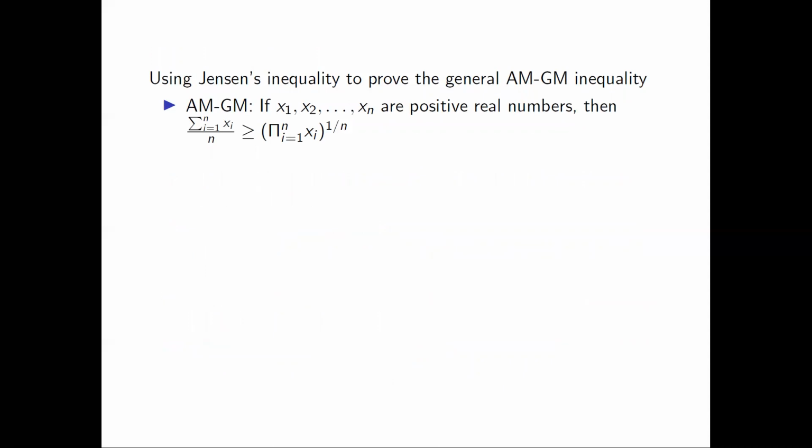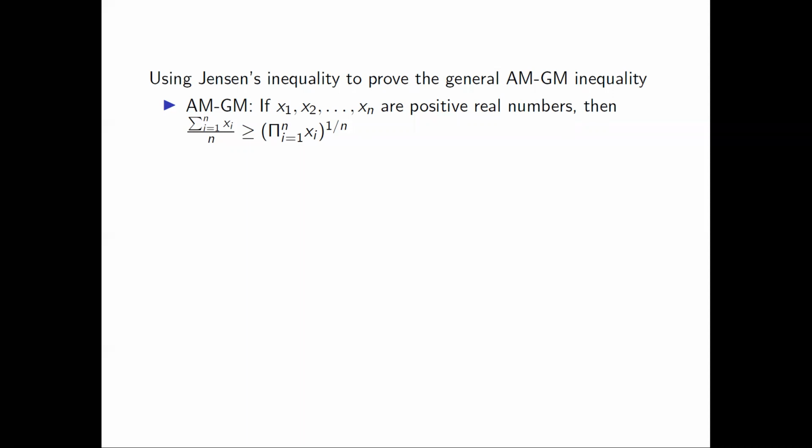Now we're going to apply Jensen's inequality to prove some other inequalities. We're going to start with what we'll call the general AMGM inequality, even though we'll see a more general version of it on the next slide. We already saw the two-variable AMGM inequality.